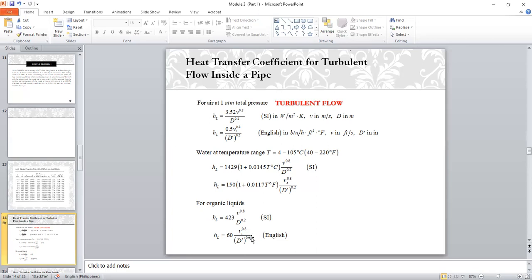It looks like kinematic viscosity, but as defined in your textbook, it is just simple velocity. So you may use this formula for air, as long as it's turbulent. For water, this is the temperature range, and this is for organic liquids. You'll find this also in Geankoplis, the Philippine edition, on page 262. It is a more direct way of determining the heat transfer coefficients for the substances indicated.